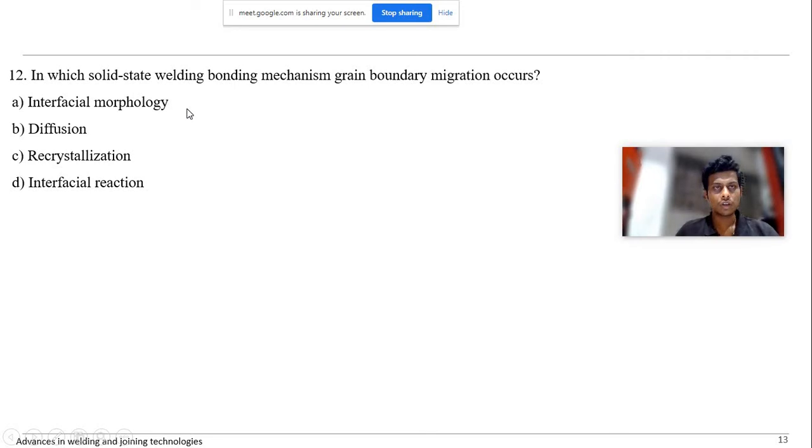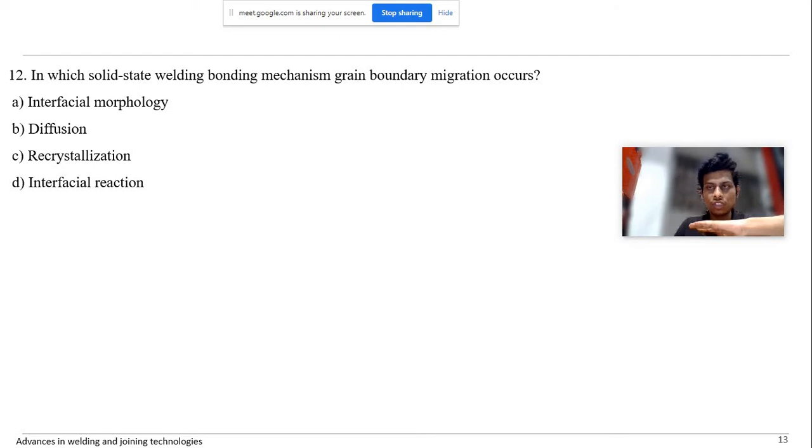In which solid state welding does the bonding mechanism of grain boundary migration occur? Interfacial morphology. Actually, based on the morphology between the surfaces, interfacial means between the surfaces.